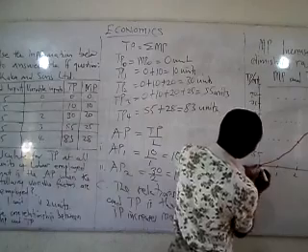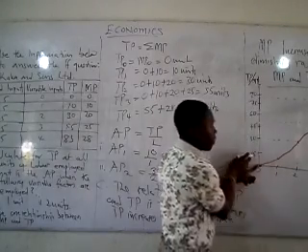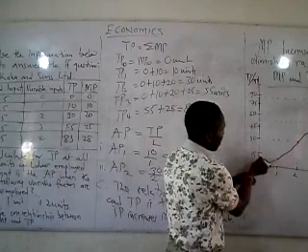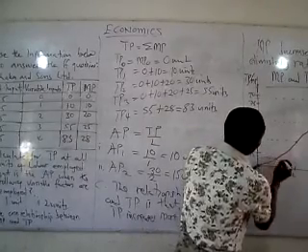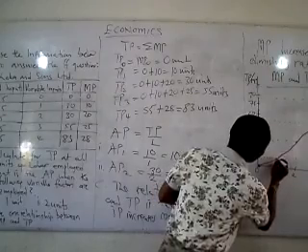So trace it to the variable factor, and if here is 15 units, 10 units will be somewhere here.